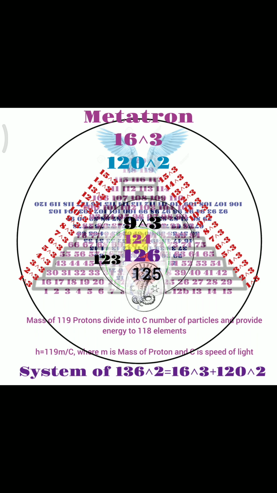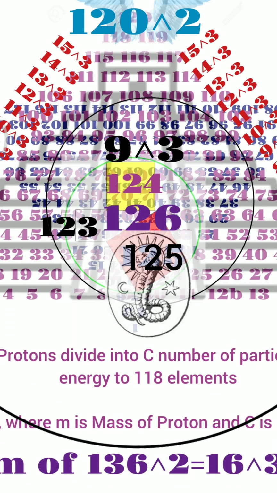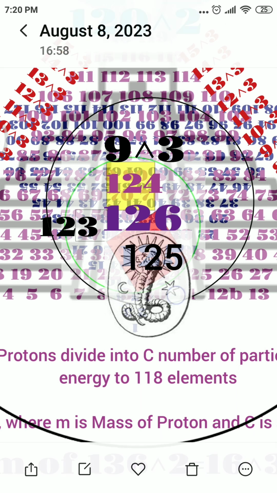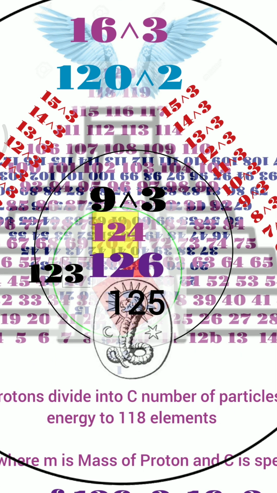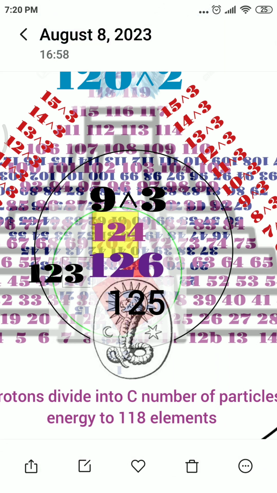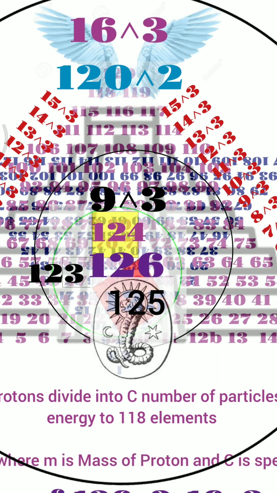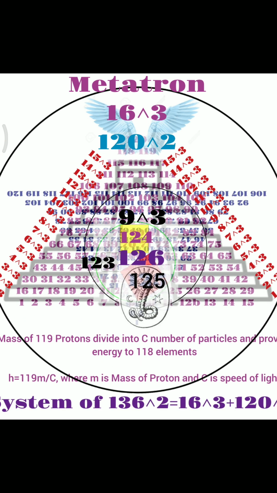And this represents that 6 cube, in the sense this guy is 5 cube, this guy is 4 cube, this guy is 3 cube, 3, 4, 5 make 6 cube, and he has held dominion till the planet of Neptune. So yeah, 126 is the Metatron guy.